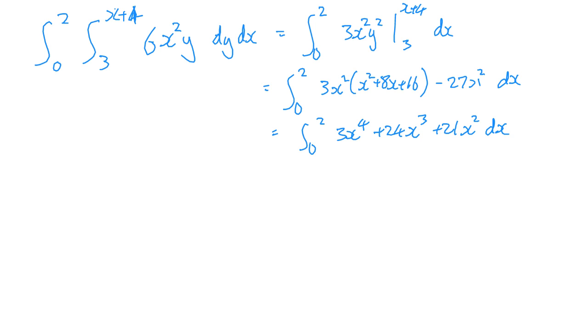Notice at this point, we're now back in pretty basic Calc 1 territory to finish up. All right, so what do I get? I get 3x to the power 5 divided by 5 plus 6x to the power 4 plus 7x cubed from 0 to 2.